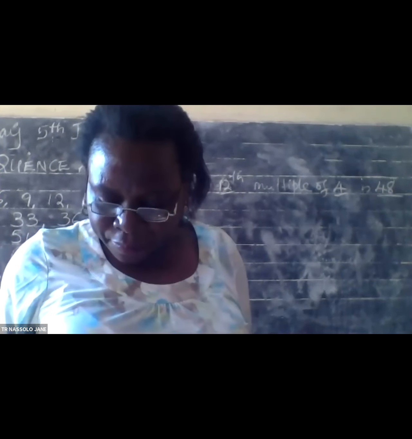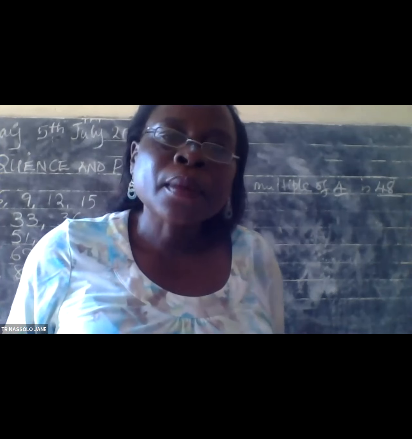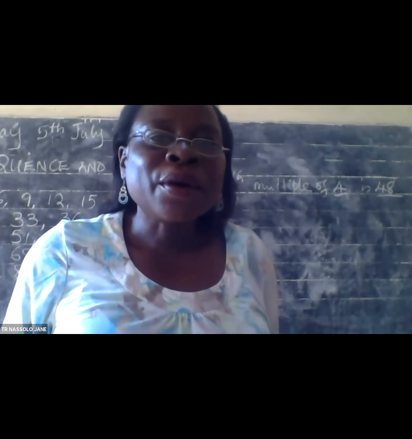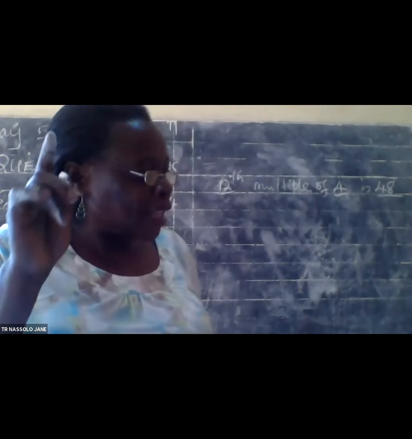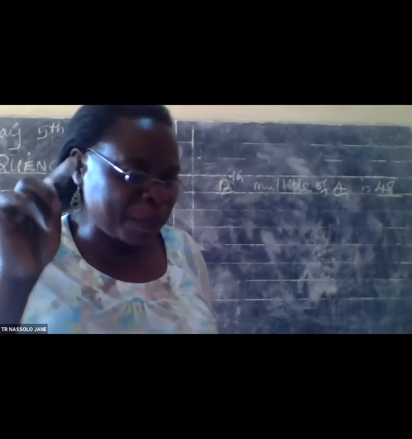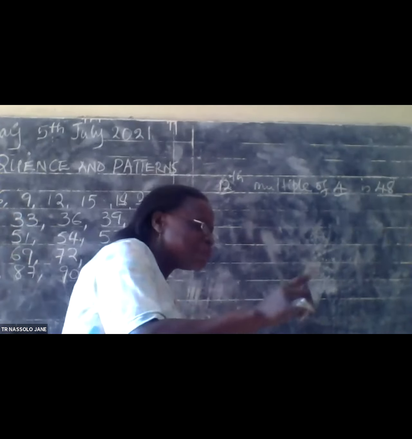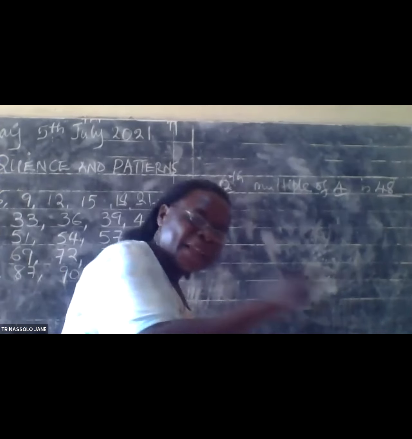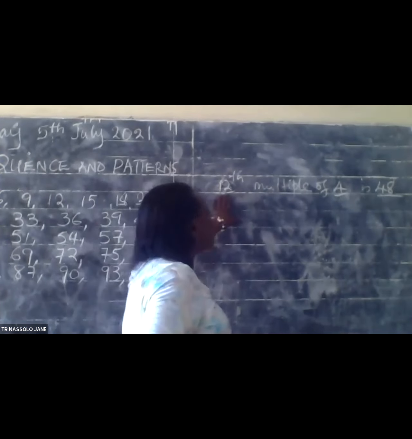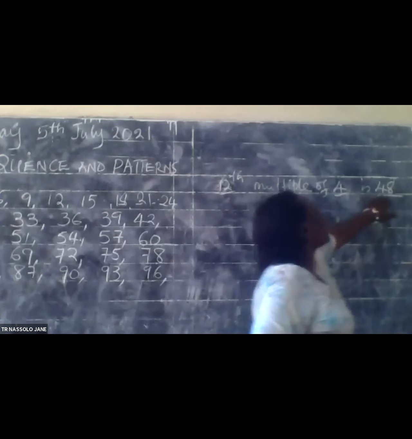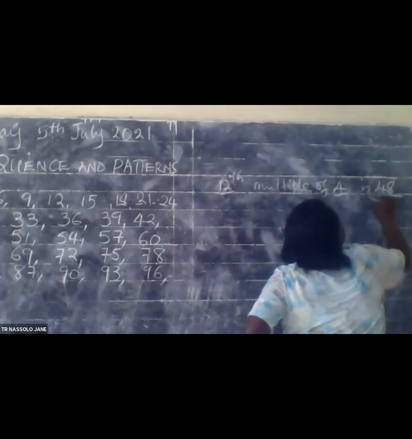The relationship between them is that all of them are multiples of 4. But now we are looking at a specific position. The first multiple of 4, the second multiple of 4. We came to the 12th multiple of 4 as 48. This number was not given.